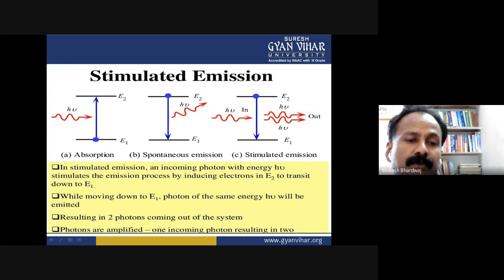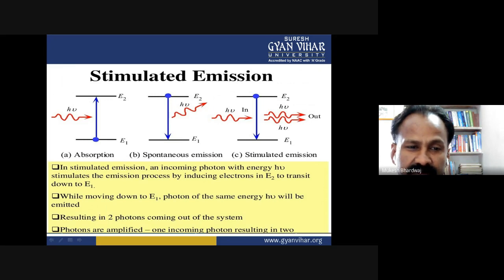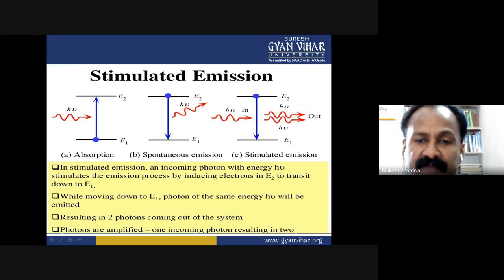While moving down to E1, a photon of the same energy h nu will be emitted, resulting in a second photon coming out of the system. Photons are amplified, one incoming photon resulting in two. This is how the amplification is done.